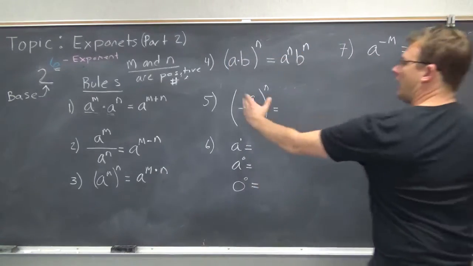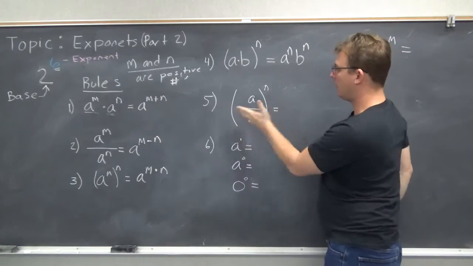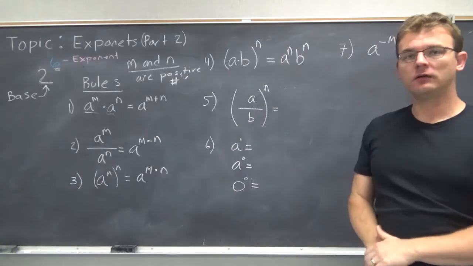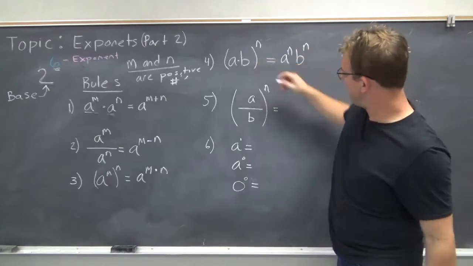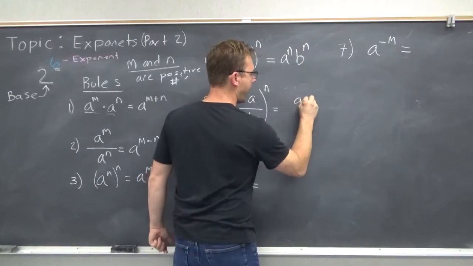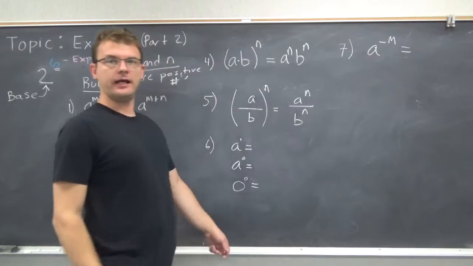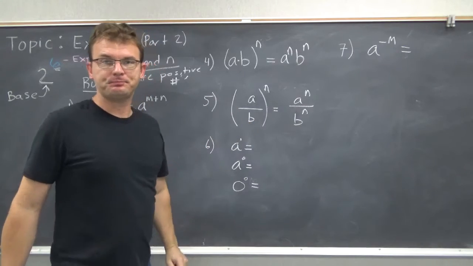When you have a parenthesis, a over b to the n power, this is going to be a to the n over b to the n. It distributes to the top and the bottom.